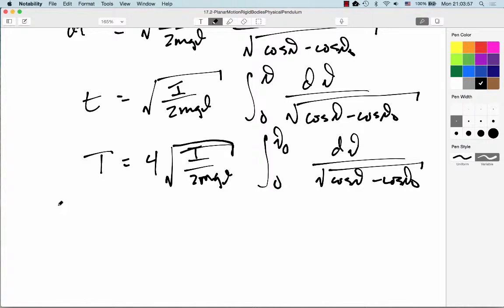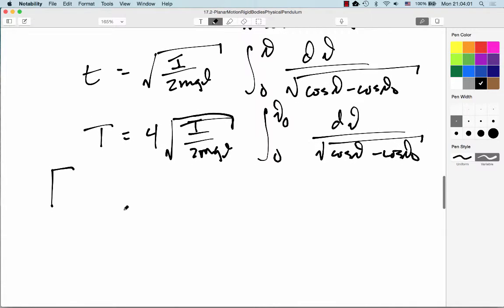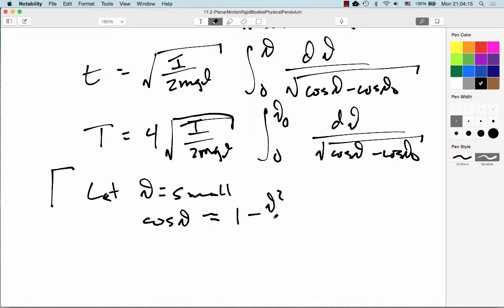Let's just hold for one brief precious moment just to show that the result is the same as we had before. Let's let theta equal small one more time. If that's the case, then the cosine of theta is approximately 1 minus theta squared over 2. And we have to assume that both theta and theta naught are small here.